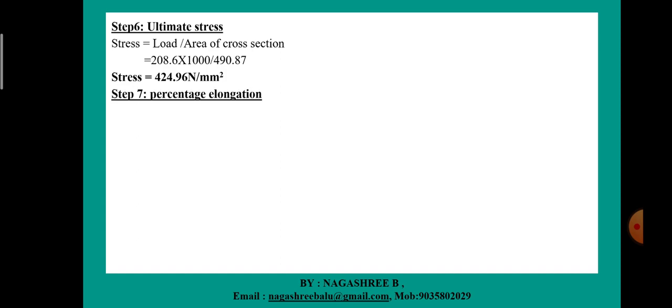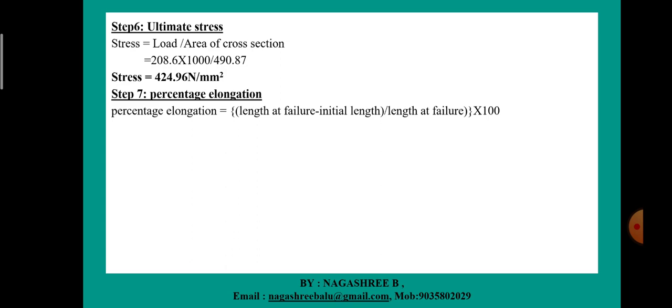So the next is percentage elongation. Initially the length is less compared to the final length, as it is subjected to the tensile load. So therefore I need to find out the percentage elongation. It is taken as length at failure minus the initial length, divided by length at failure, into 100.